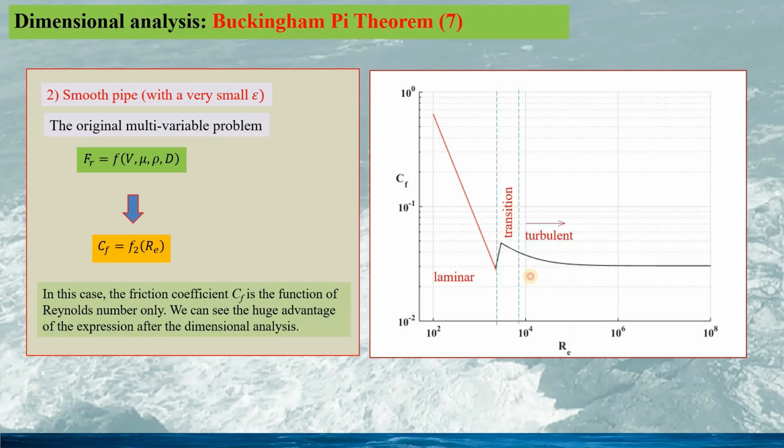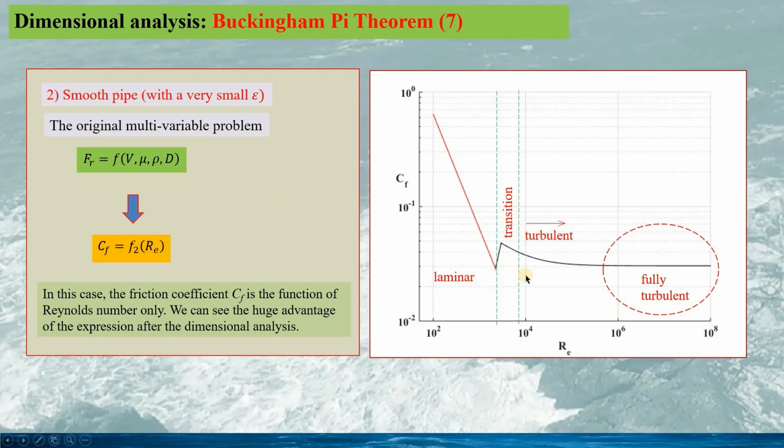And again, once the fluid condition is given, the Reynolds number can be easily calculated, and so can the friction coefficient CF. And we can then obtain the friction using the same formula in the previous slide.